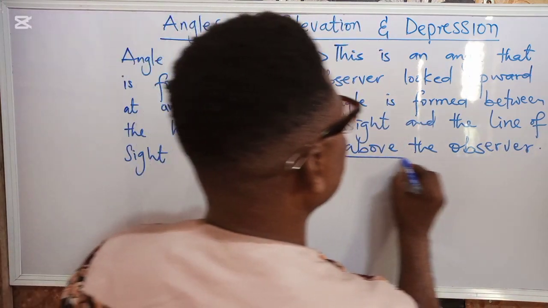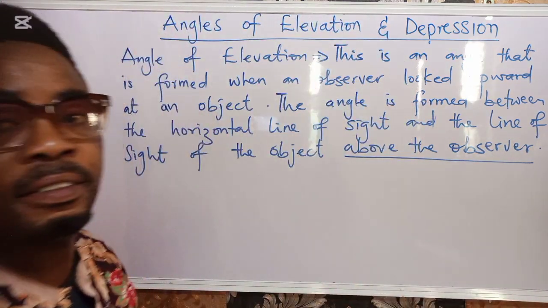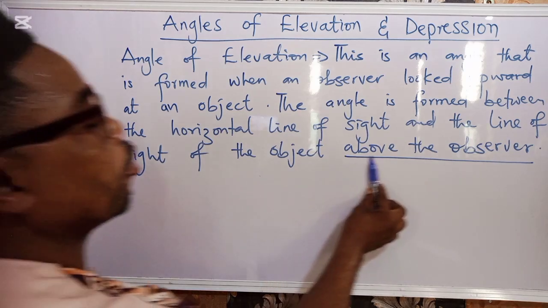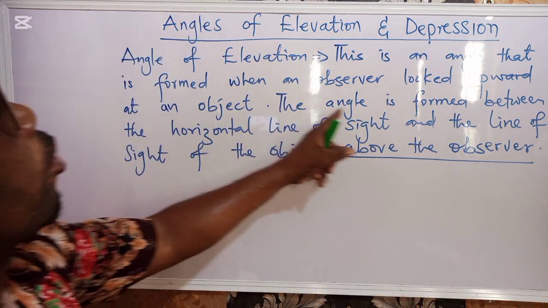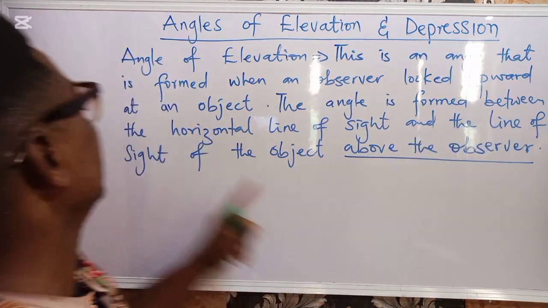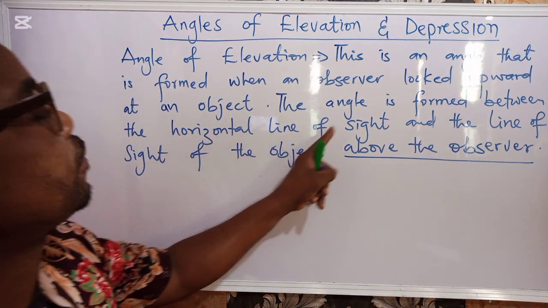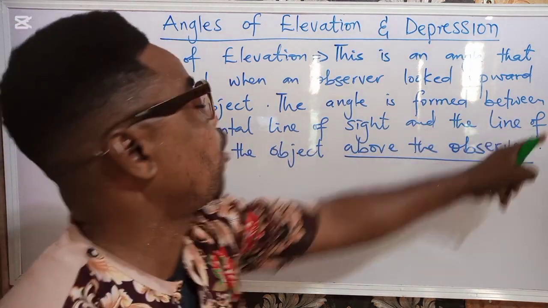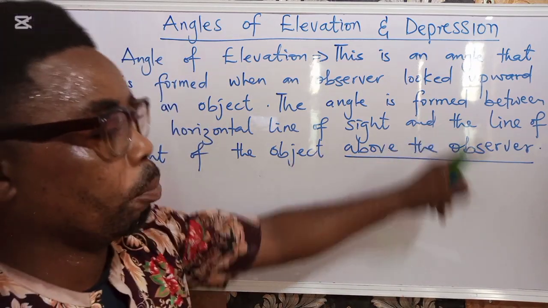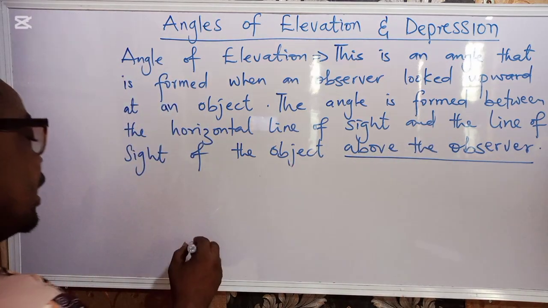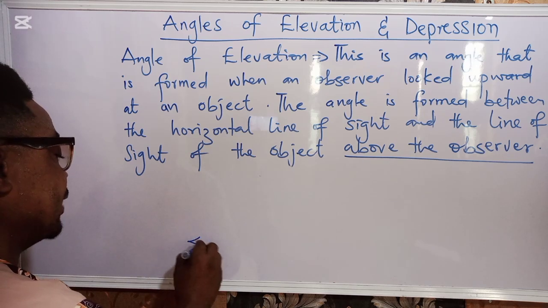Above the observer. Above the observer. Get that? I said the angle is formed between the horizontal line of sight and the line of sight of the object above the observer. For instance, let us assume that this is a man.